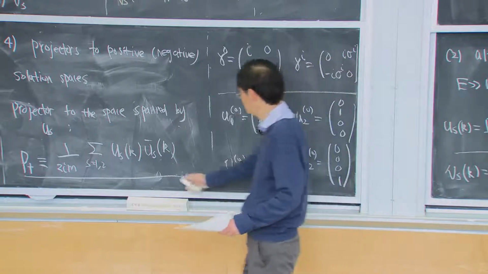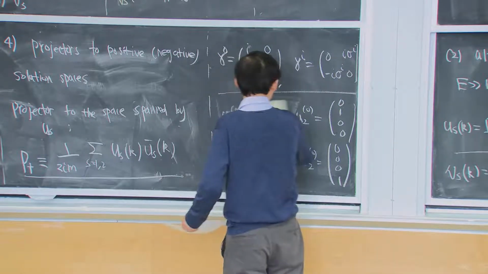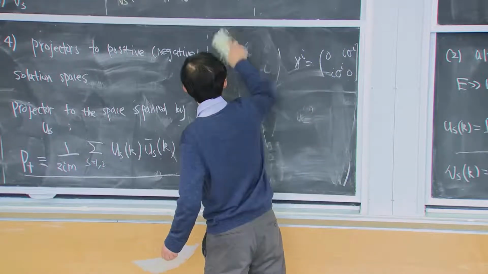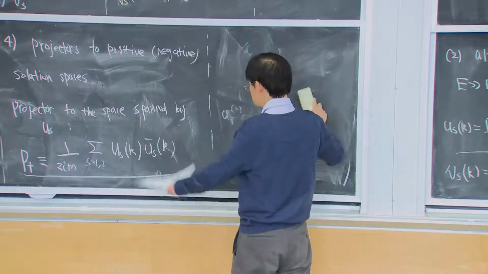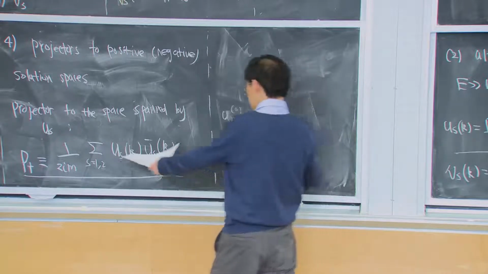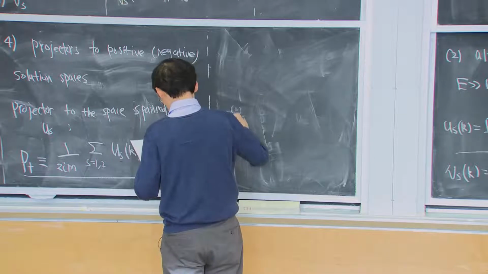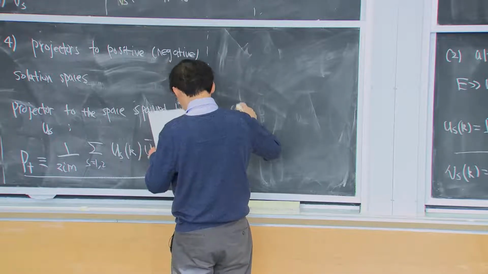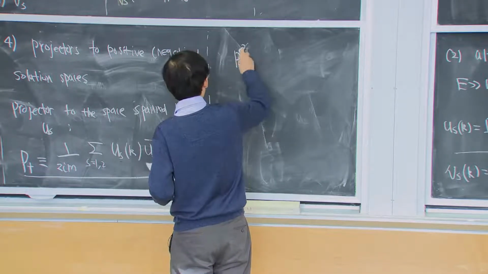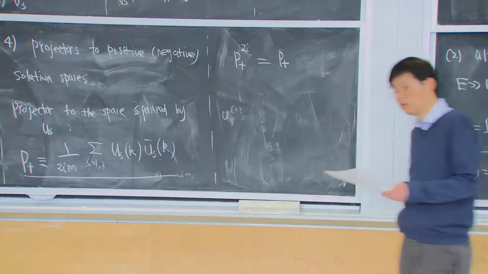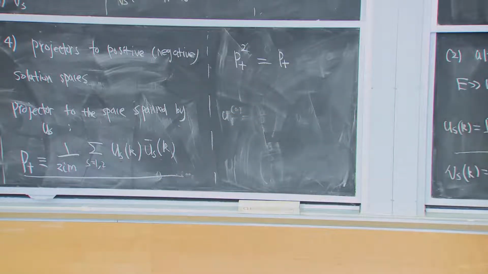So now you can check yourself explicitly. Let me erase this. Just use the properties of this u. You can check yourself explicitly, which I will not do here, and you can check that this is indeed a projector. Okay. If you look at P squared, it gives back itself. Okay.